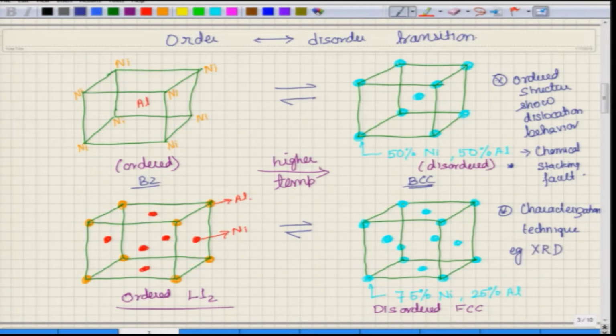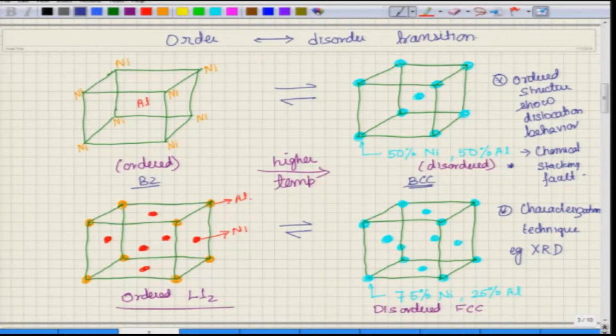Now, XRD is dependent on the crystal structure, and FCC will have a different XRD pattern compared to L12, because here all these atoms will behave as if they are a combination of Ni and Al, 75% Ni, 25% Al. On the other hand, here Ni is giving a different cubic system and Al is giving a different cubic system.